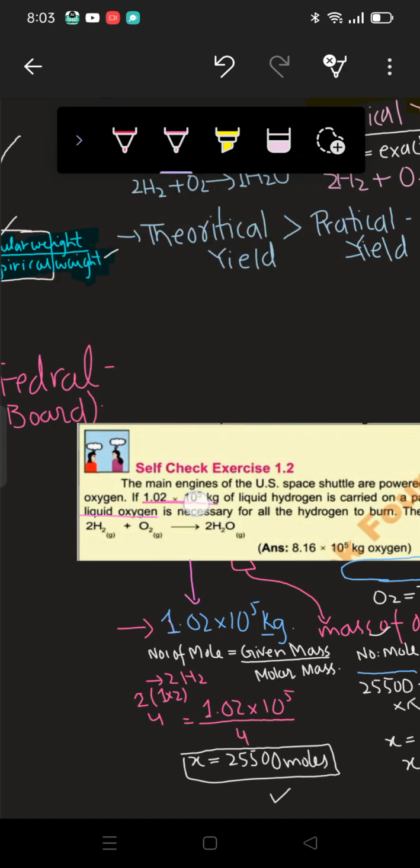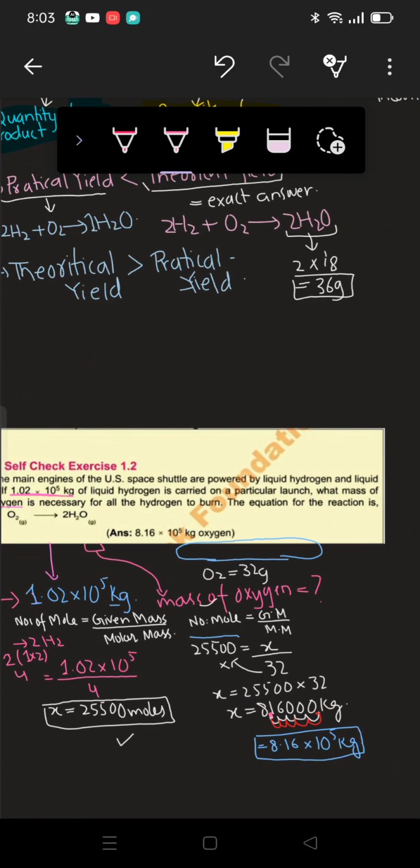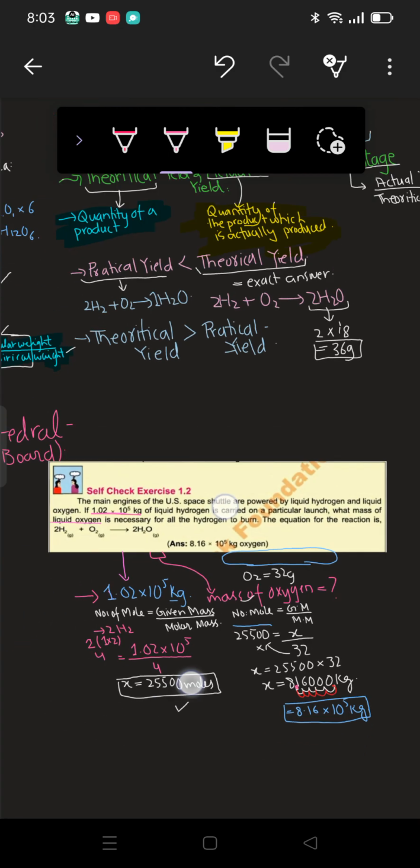If the mass of hydrogen is given, we divide that mass by the molar mass of hydrogen so that we have the moles. When we got the moles, we multiplied them by the molar mass of the oxygen, and this is how simple it is. And we have calculated the mass of the oxygen.